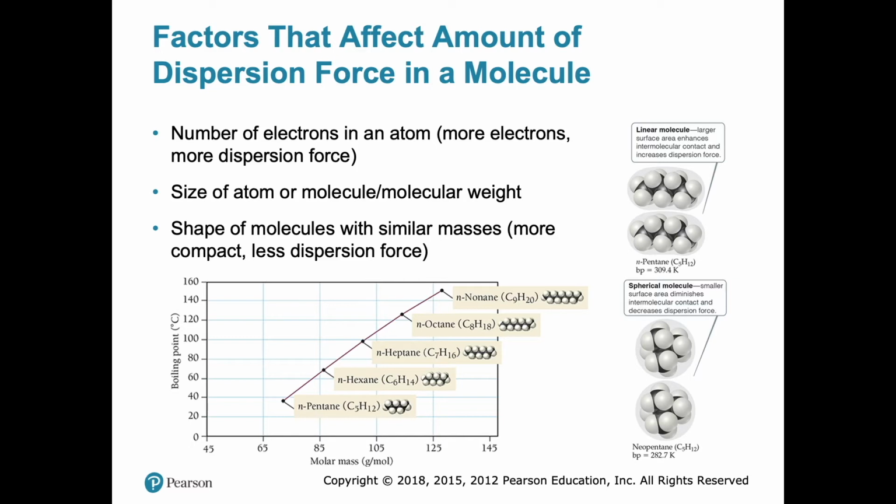And as they get bigger, the molar mass gets bigger. What else gets bigger? The boiling point. So the more electrons there are, the more dispersion forces there are, and the higher the boiling point, because you have to have more energy to disrupt those dispersion forces.